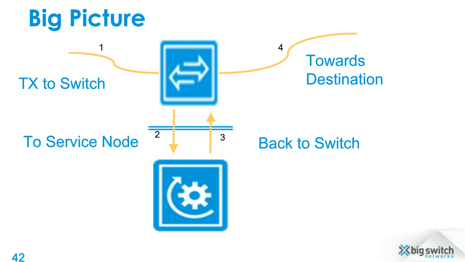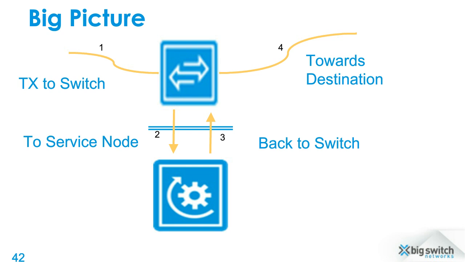The service node doesn't care where the frame goes. It's done its job to dedupe the frame. A second frame comes in. It's the same. It's a copy that the service node has already seen. Now the service node sees that the frame was received, drops that frame, and doesn't send it out the interface.